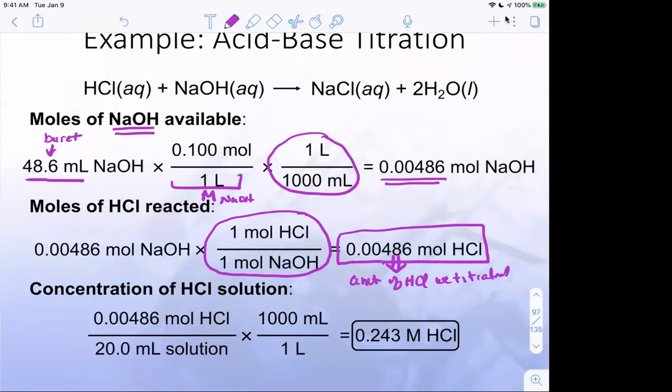So I can convert my volume of solution to liters, and then I can calculate my molarity, which is moles over liter. And what I find out using this technique is that my unknown HCl is 0.243 molar.